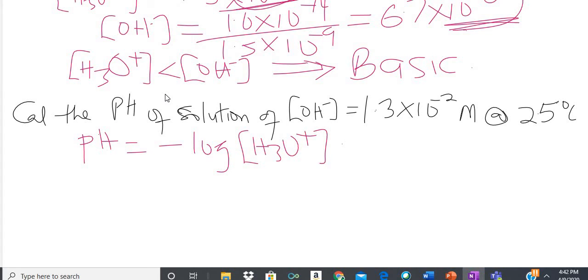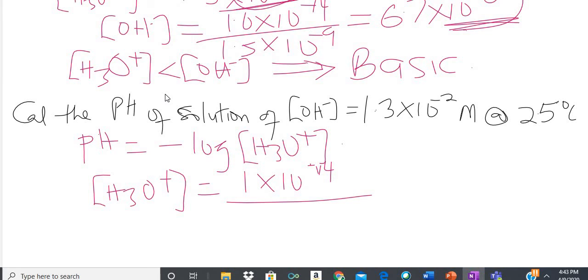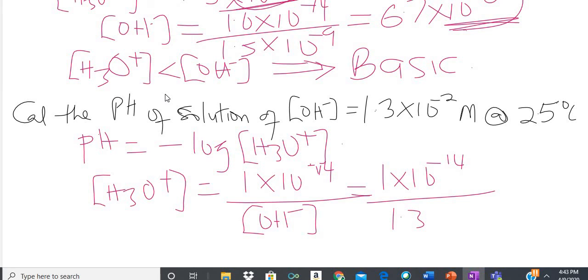So we can find the hydrogen ion concentration from our Kw, which is going to be 1 times 10 to negative 14 over our OH ion concentration, which is 1 times 10 to negative 14 over 1.3 times 10 to negative 2.